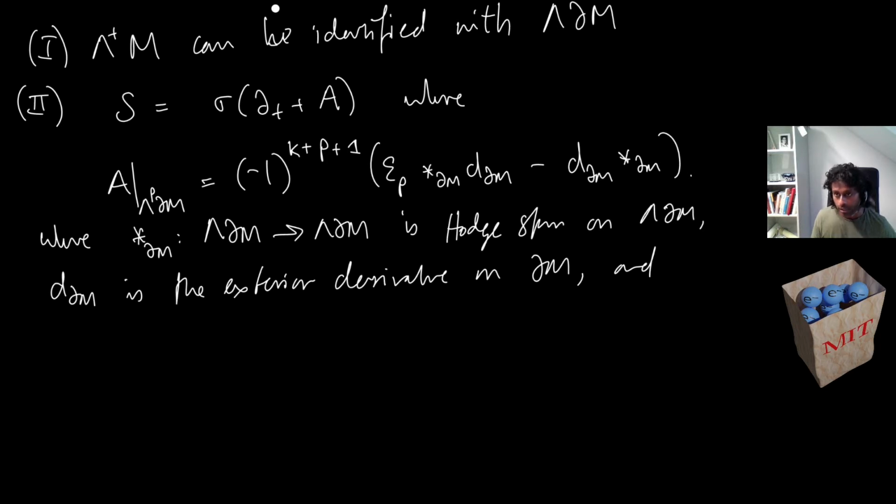There is no the adapted boundary operator. There are lots of adapted boundary operators, but when we write it in this form, if you calculate the principal symbol of A from the expression that we have, it's clear that this has to be an adapted boundary operator for S. So it's really for the signature operator, right?